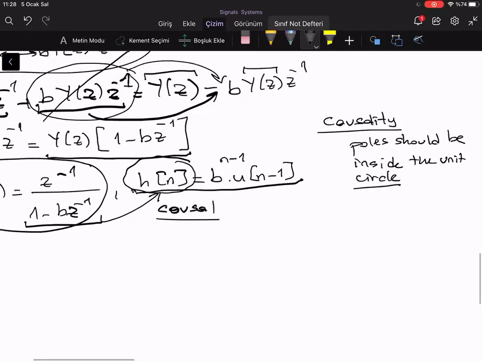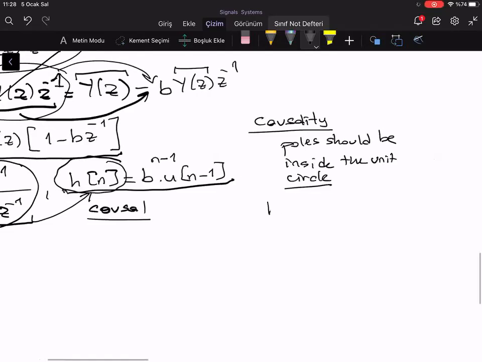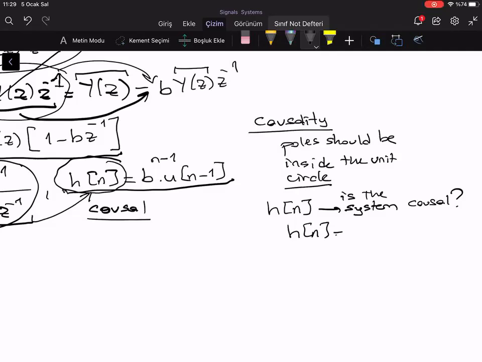If you remember, what did we say about h of n if a system is causal or not? H of n is given, and I'm asking you, is the system causal? How do you check this question? How do you find out the answer? H of n should be 0 for n less than 0.